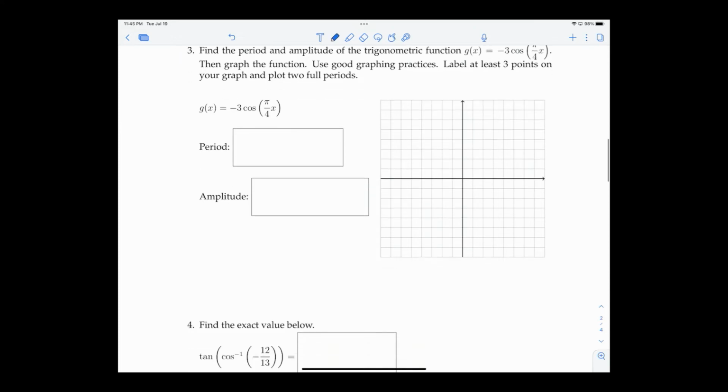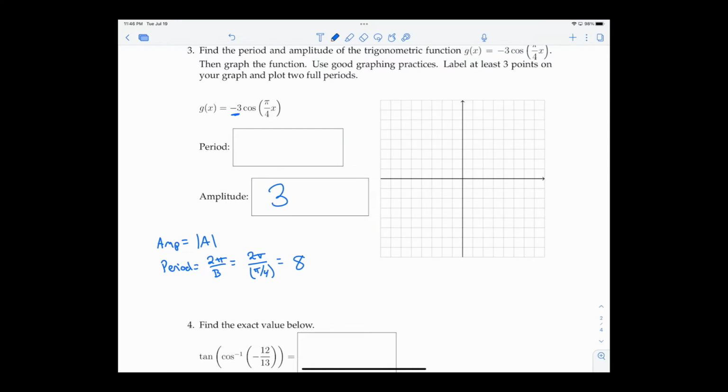So period and amplitude is exactly like what we've just been doing. So we know that the amplitude is equal to the absolute value of A. So it's 3, right, based on that. And the period is 2 pi over the B, which is 2 pi over 4. So you do 2 pi over 4. It's 8.